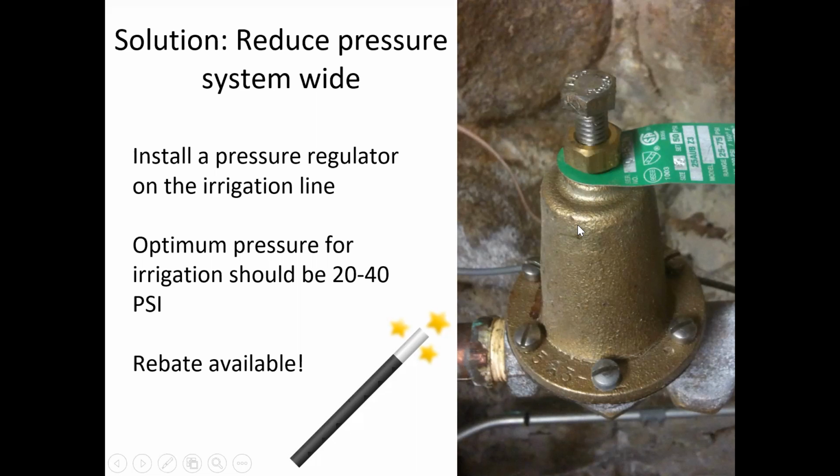The best way to see what your irrigation system needs is fine tuning: running the system while adjusting the screw on the top, and seeing at what point the droplets are the right size and accurately irrigating that area. We also have a rebate available for pressure regulators as well.